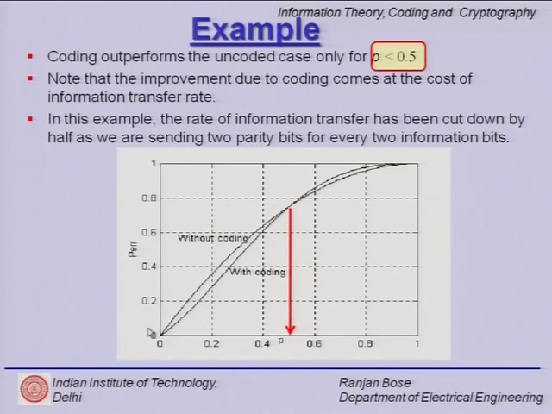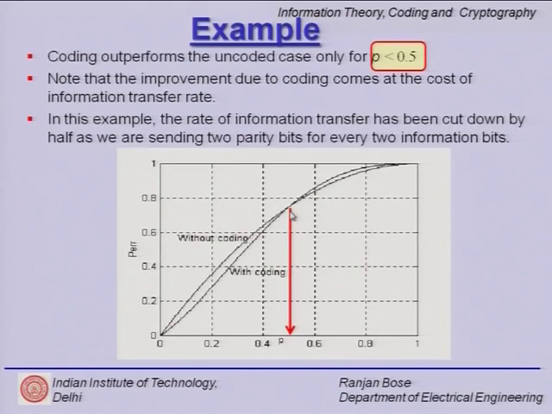If you look at this graph, on the x axis is small p, on the y axis is probability of error, and there are two curves here, one is without coding and one is with coding. Below p equal to 0.5 coding has more effect, whereas if p is much larger, then the coding is counterproductive.